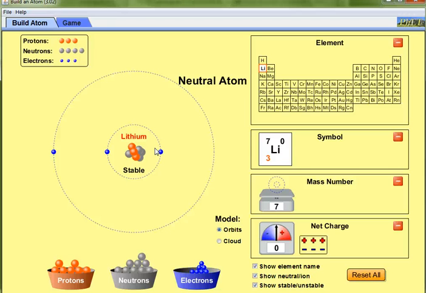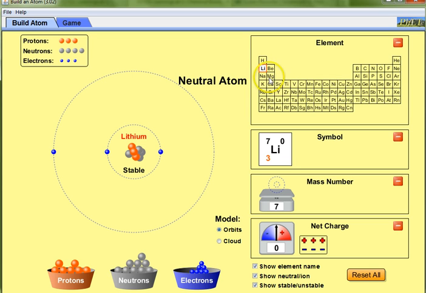So from lithium, I don't know what the next element is. I'll have to look at the periodic table, but I think potassium or calcium after lithium has more neutrons.